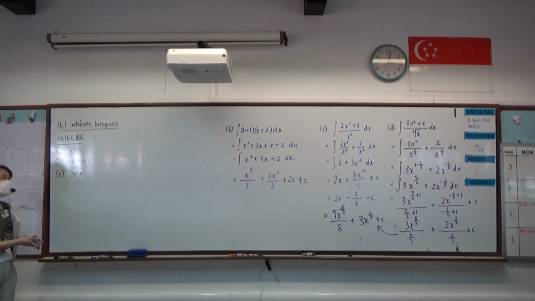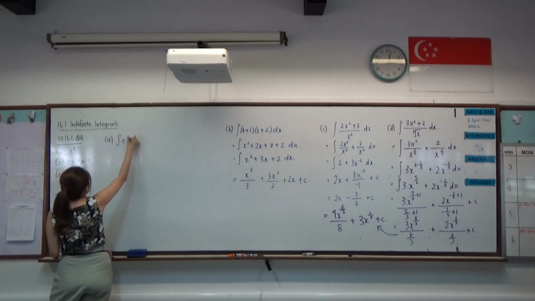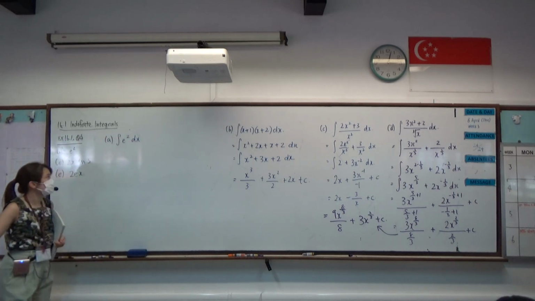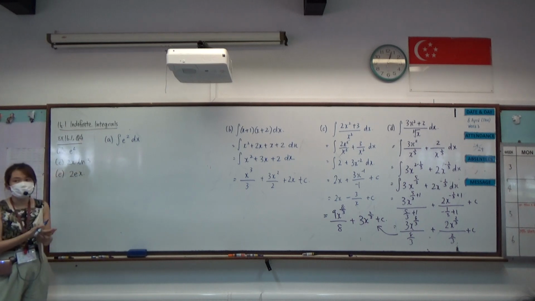So let's look at question 4a in your exercise 16.1. I want us to think about what you think the integration of e squared is going to be. What is the answer? Joseph said e squared x plus c.